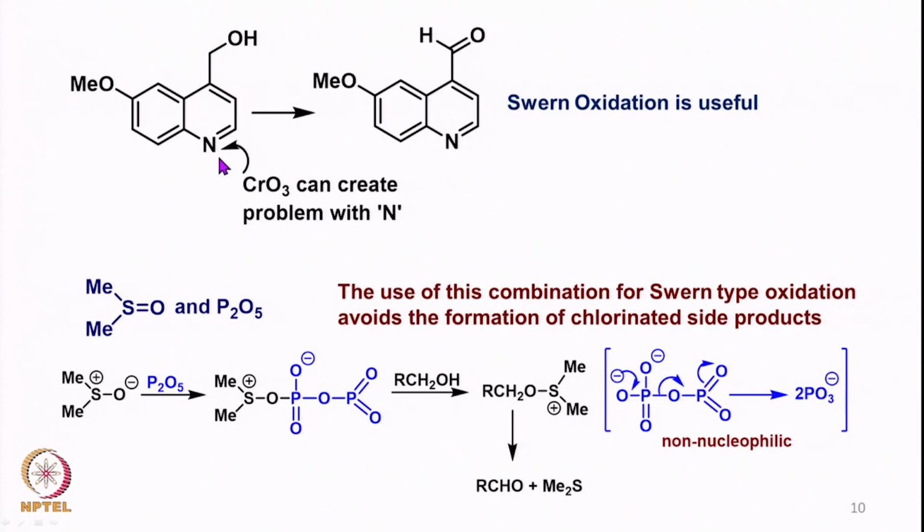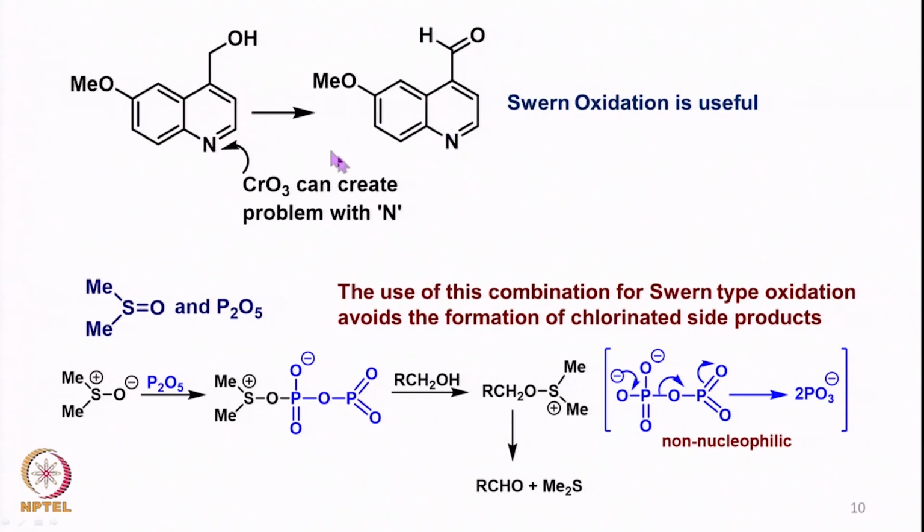The Swern type of oxidation can be utilized in the oxidation of this species here where there is a nitrogen. What is found is that such alcohols, if they are oxidized using chromium trioxide based reagents, then sometimes there is an oxidation of the nitrogen directly to form the corresponding N oxide, and the alcohol is not readily oxidized.